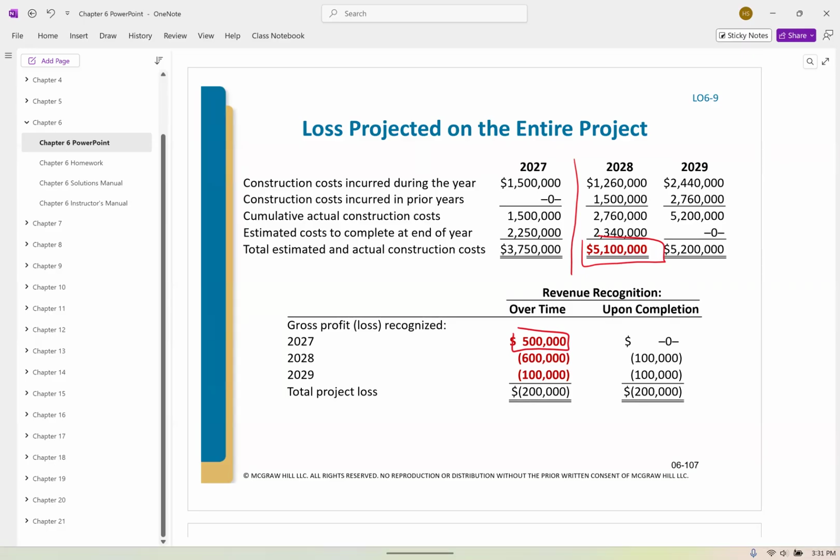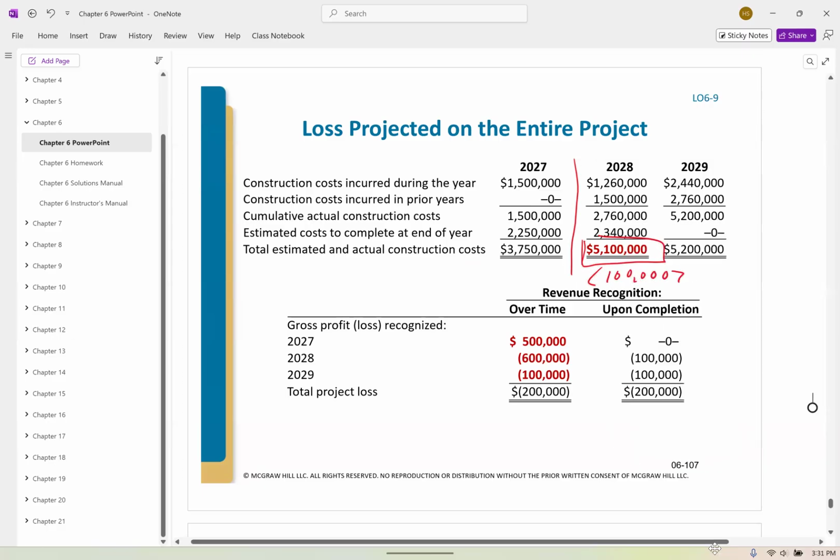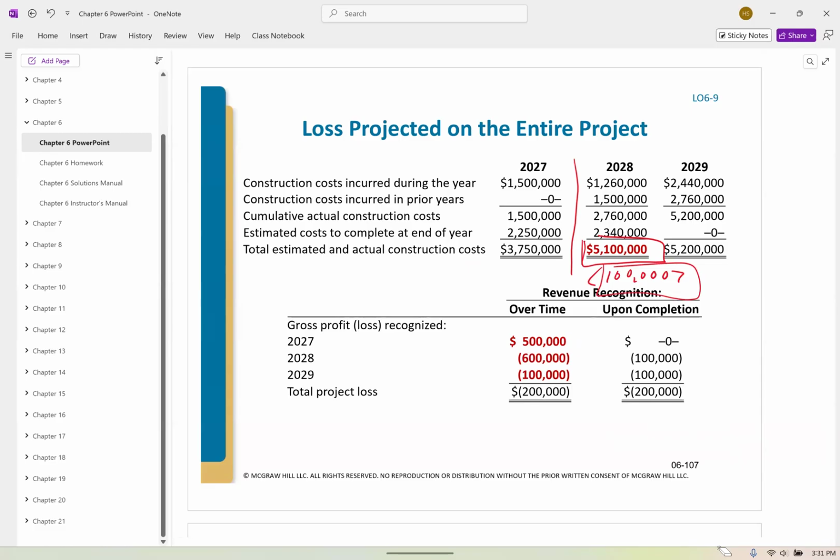So we have to reverse that 500,000 because right here it looks like we're going to have a $100,000 loss. Okay. So we have to adjust that gross profit by 600,000 because we had recorded 500 here and then the 100 there to get it to the negative 100,000.